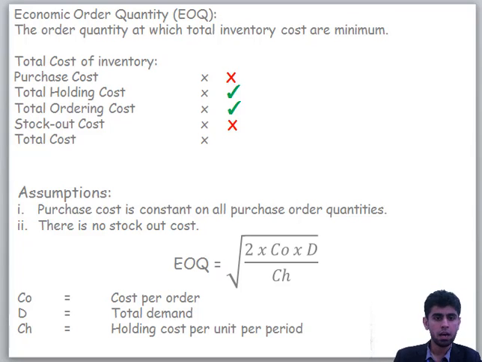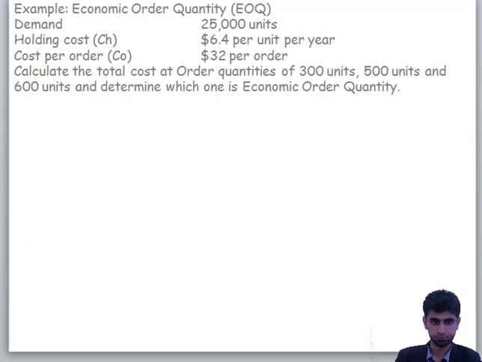Now let's look at how we can use this formula to calculate the economic order quantity, and we want to prove that at economic order quantity the total cost is really minimum. Let's look at an example. Demand is given as 25,000 units, holding cost CH is given as 6.4 per unit per year, and cost per order CO is given as $32 per order.